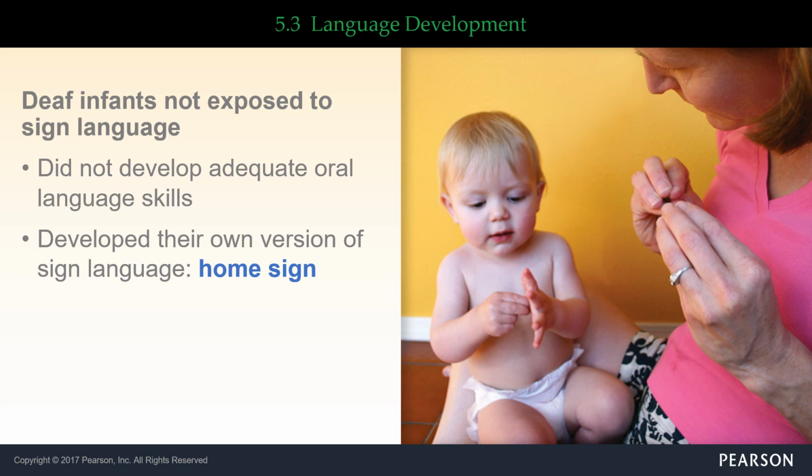But another issue with a child who's hearing impaired or deaf is that the family may want to encourage the development of some sort of oral skills rather than just sign language, and sometimes families decide to focus on both.